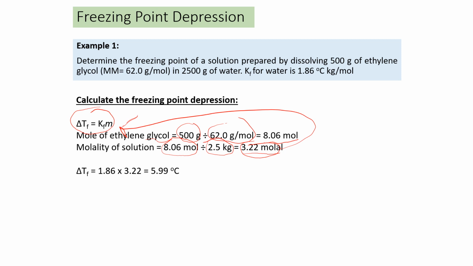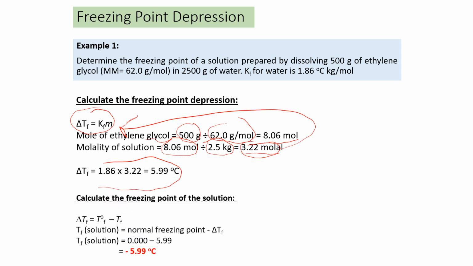We get the change in temperature of the freezing point as 5.99 degrees C. Next we have to calculate the freezing point of the solution. By using this formula, we get the freezing point of the solution as minus 5.99 degrees C. Please bear in mind that the normal freezing point of water is 0 degrees C.